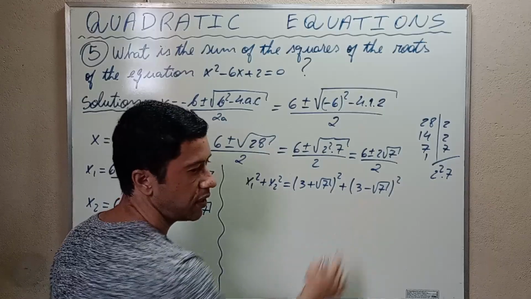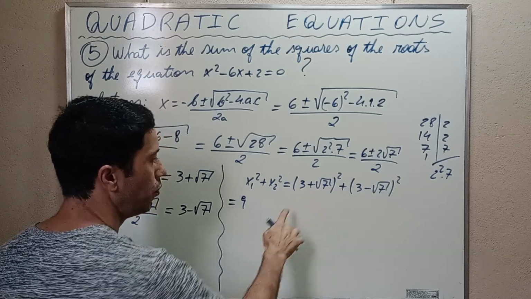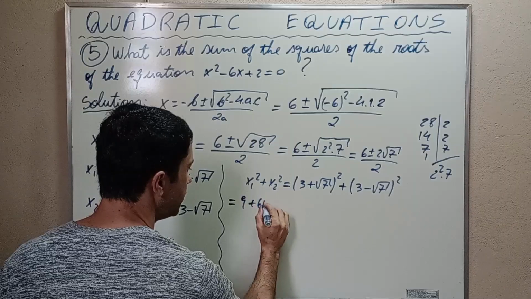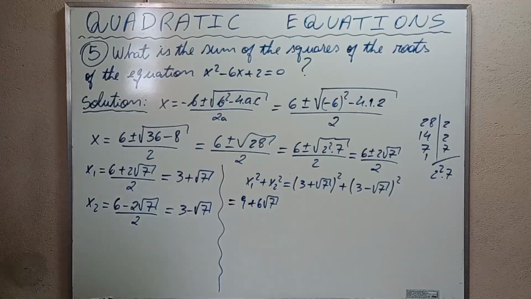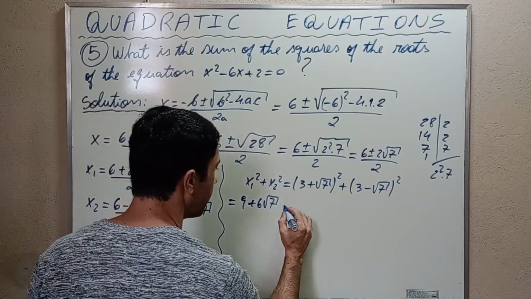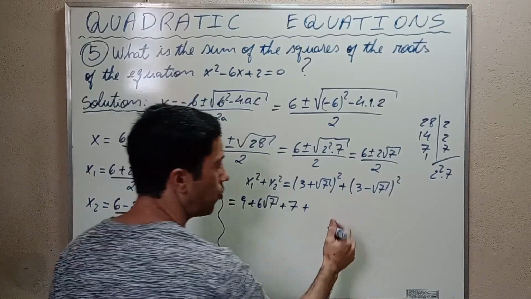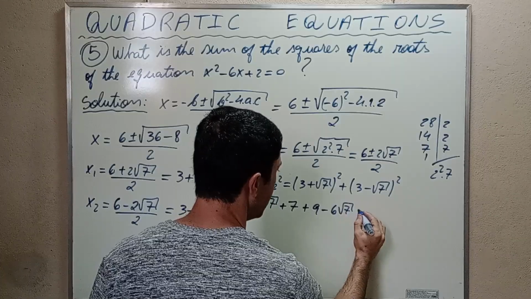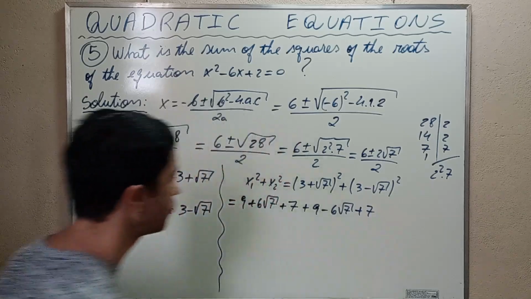Developing these products here, we find 3 squared is 9, plus 2 times this is 6, 6 times the square root of 7, plus the square root of 7 squared, which is 7, plus 3 squared is 9, minus 6 times the square root of 7 plus the square root of 7 squared is 7.